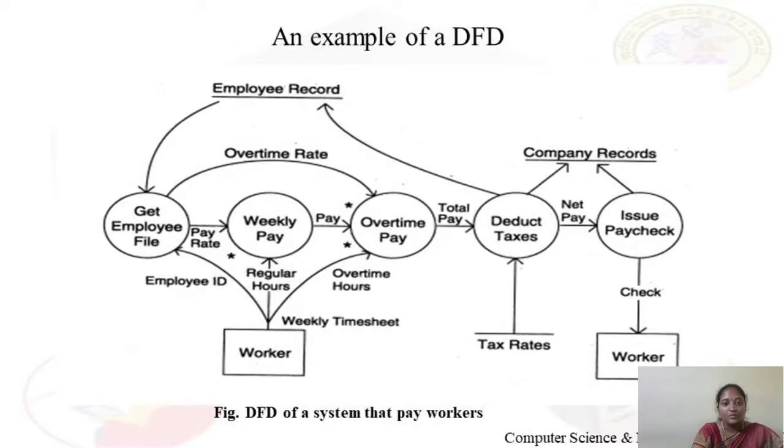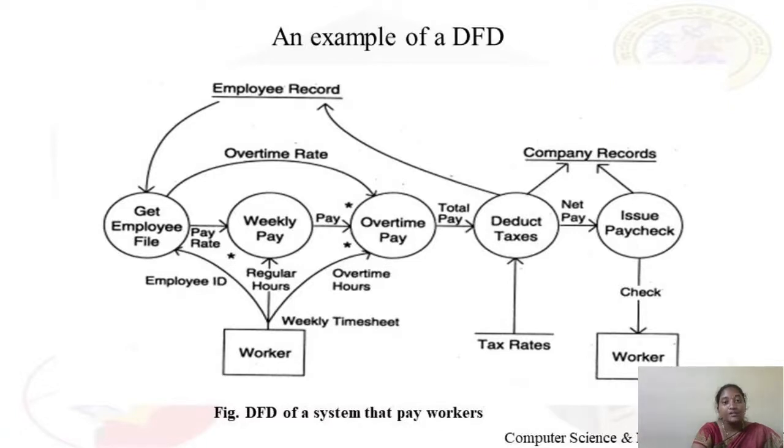And there is a special symbol called asterisk. So whenever there are multiple data flows, the asterisk symbol is used. For example, for the process weekly pay, rate and regular hours, both data flows are required. So, asterisk is placed in between the data flows and it represents the AND relationship.